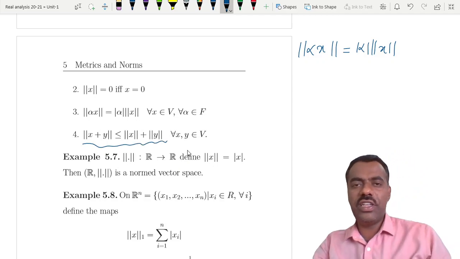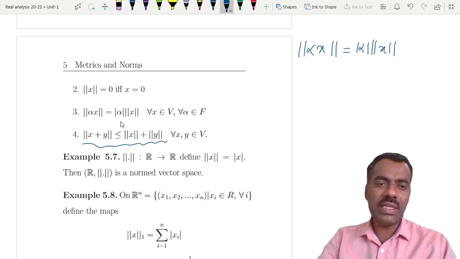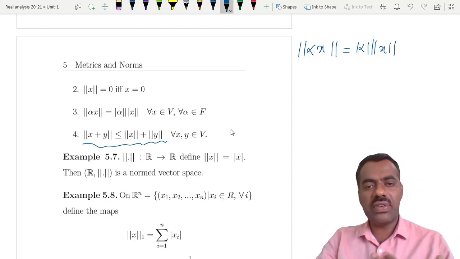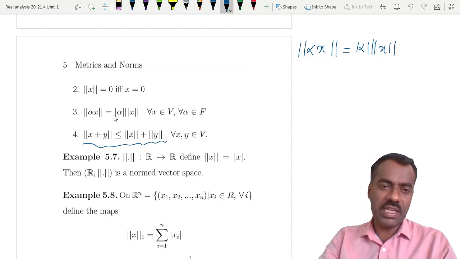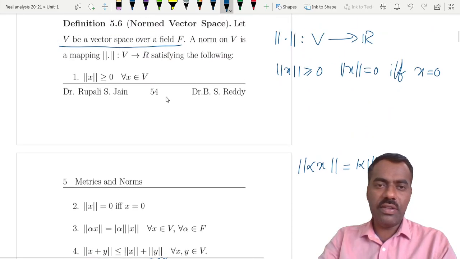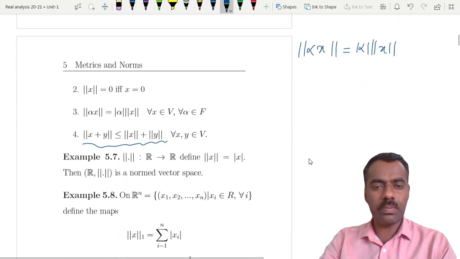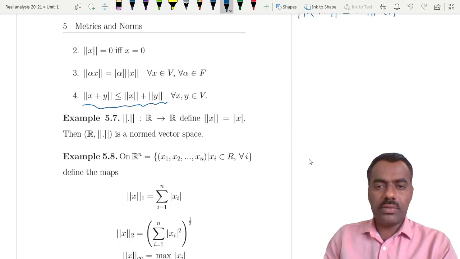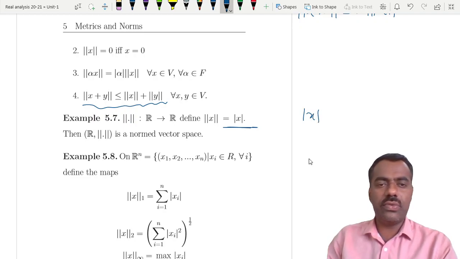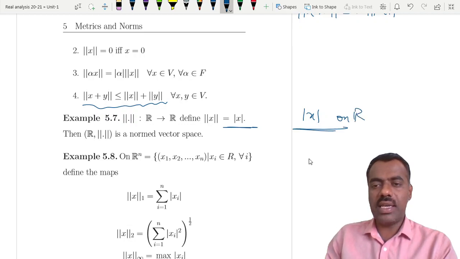So these definitions are not new to anyone. They should obviously satisfy the minimum of whatever we expect, and if it is defined on a vector space, then we say that it is a norm. Okay, and one such norm we already know is the absolute value. As I said, if you take mod x, it satisfies all these four conditions which we know already, and so on R it is a norm.